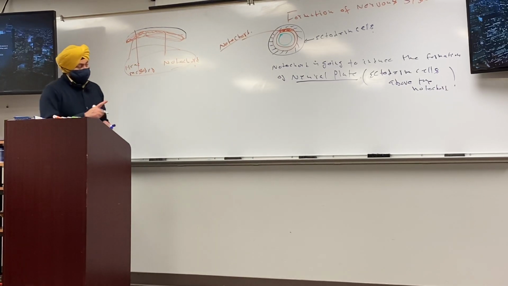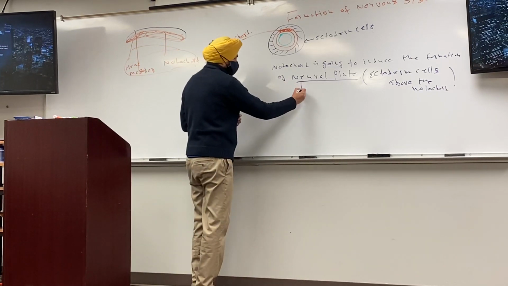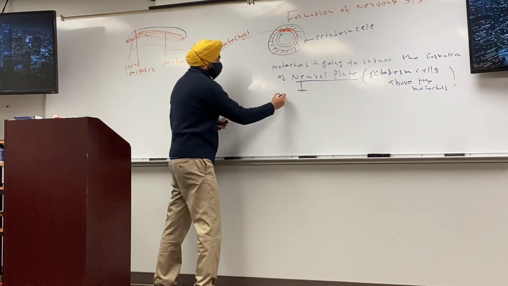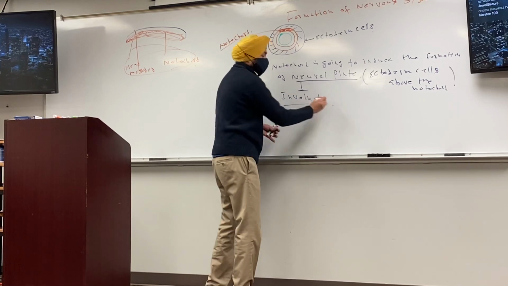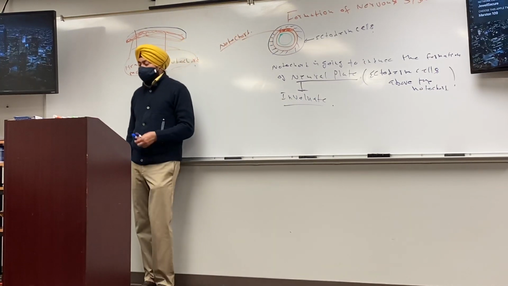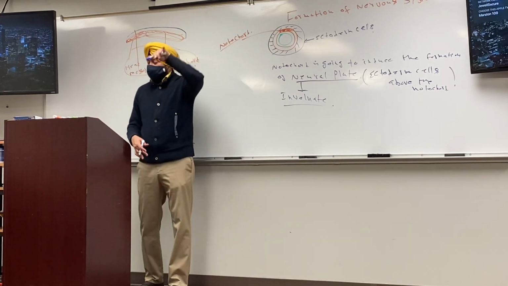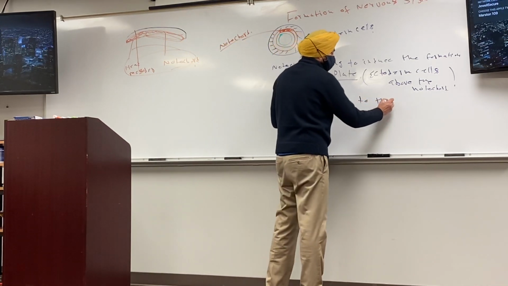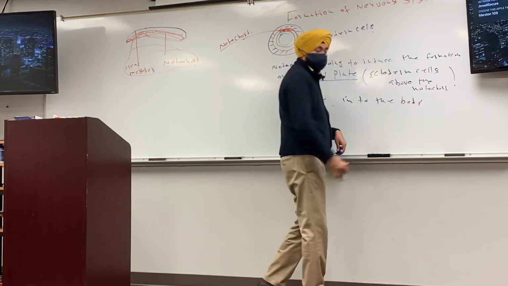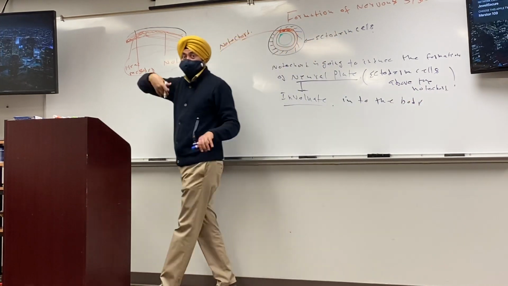Now, so this neural plate, what it's going to do, is going to involute. This is going to involute into the body. Because nervous system is not outside, it's inside the body, right?